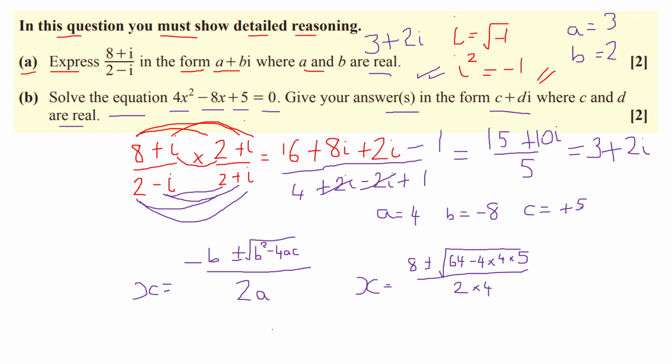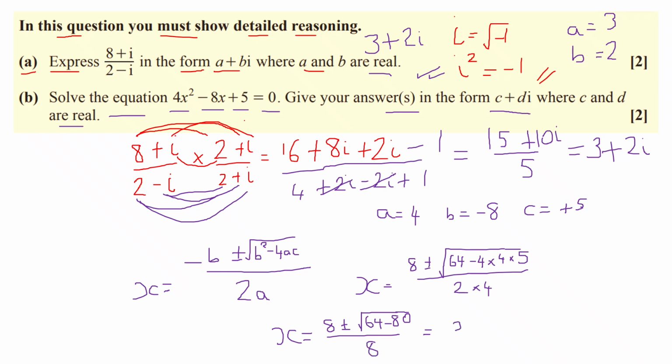I'm going to tidy this up now. So x equals 8 plus or minus the square root of 64 minus 4 times 4, which is 16, times 5, which gives 80, all over 2 times 4, which is 8.